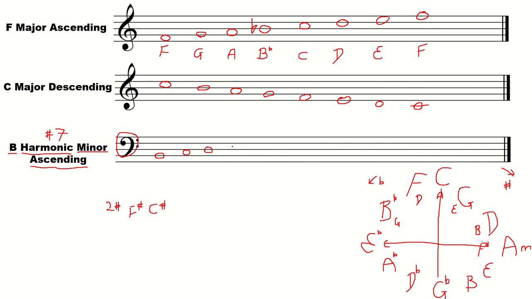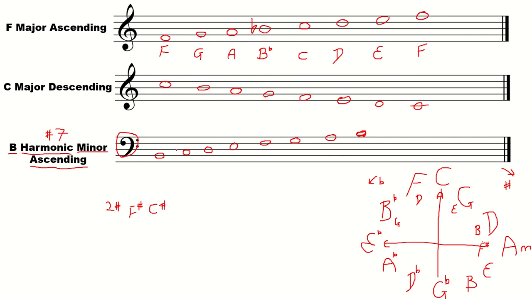D, E, F, G, A, and then just to finish off, make sure that's definitely on the line. There we go. So there's our B minor scale, but it hasn't got our C sharp or F sharp in.